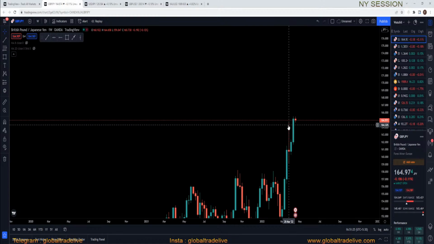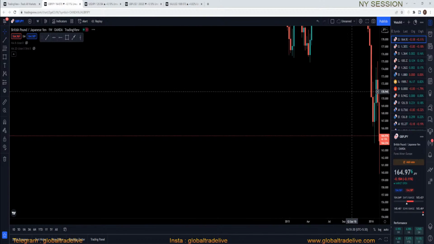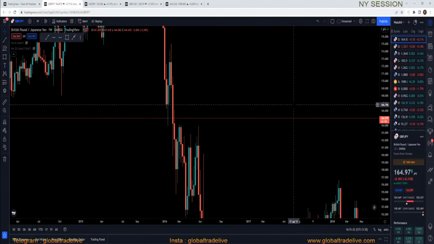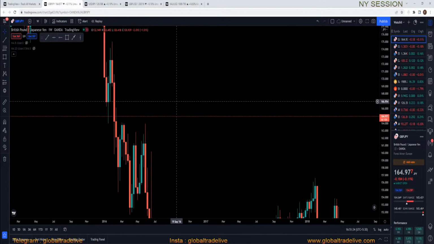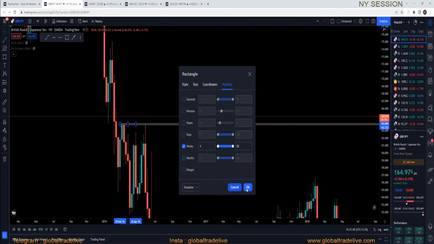And if we talk about the weekly after the monthly, let's have a look on the left first. What do we have here? On the left we have this area of resistance.